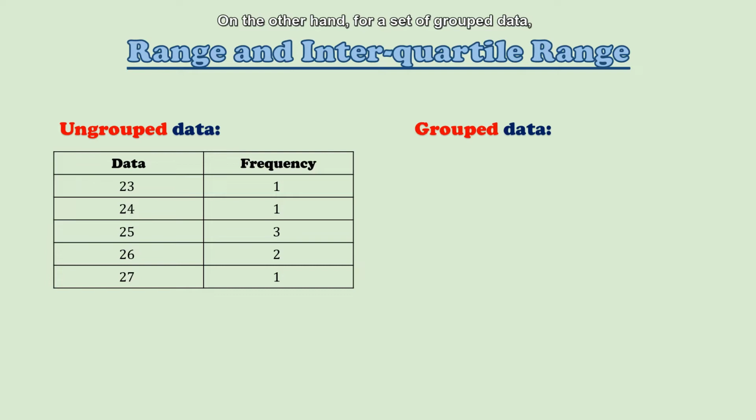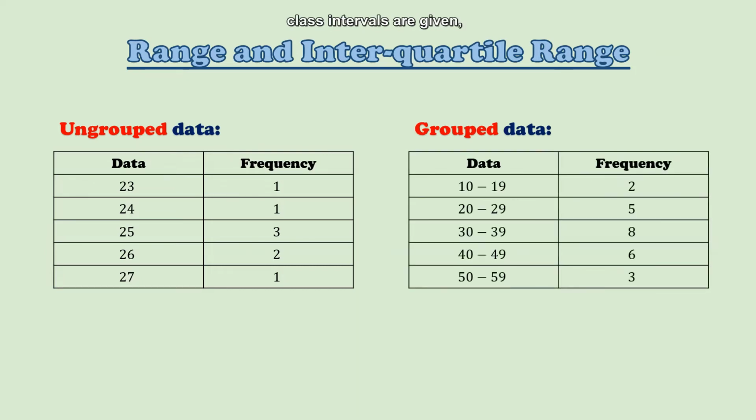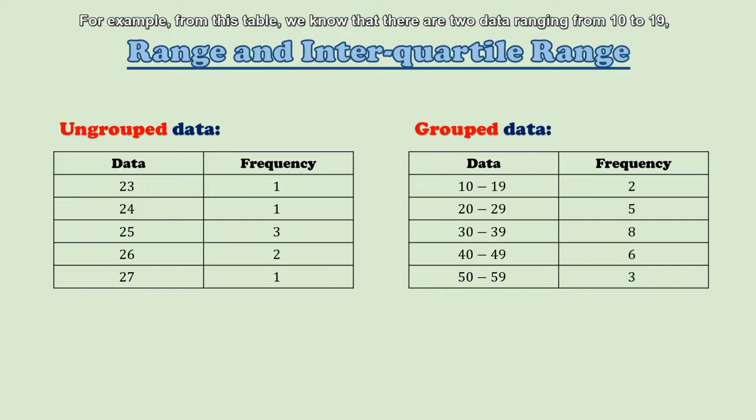We exactly know the value of each datum in this data set, and this is an example of the ungrouped data. On the other hand, for a set of grouped data, class intervals are given, and we do not know exactly what the data really are. For example, from this table, we know that there are two data ranging from 10 to 19, but we do not know exactly what these data are.